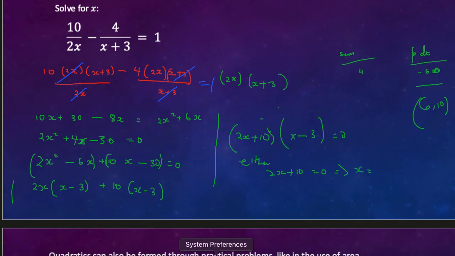And let's see, oh my God, my pen is not working well. So minus 6 plus 10 is 4x, and then 10x minus 30, 2x squared minus 6x. Okay, so all these steps are correct.